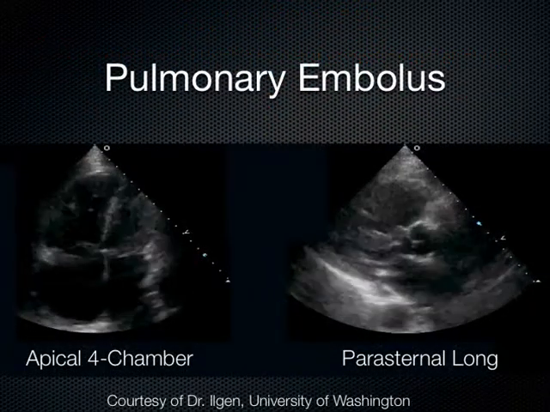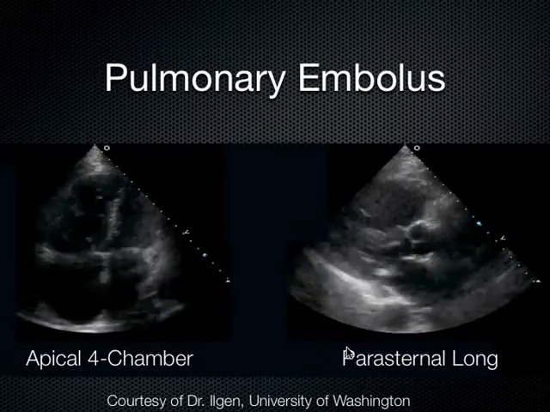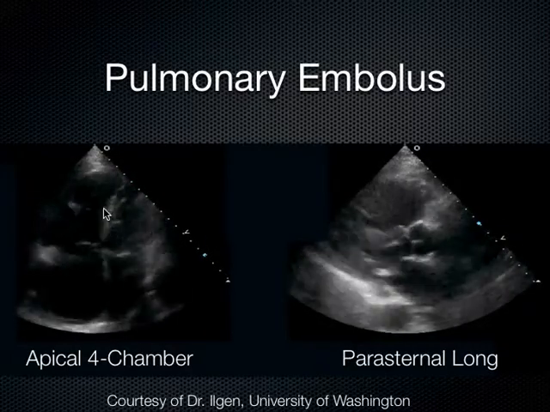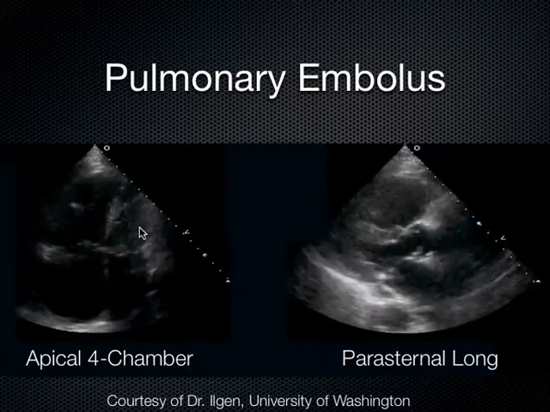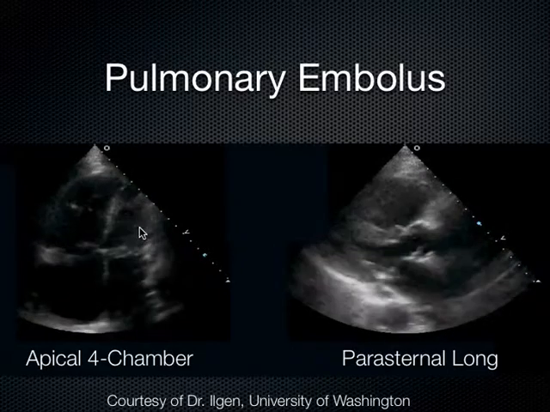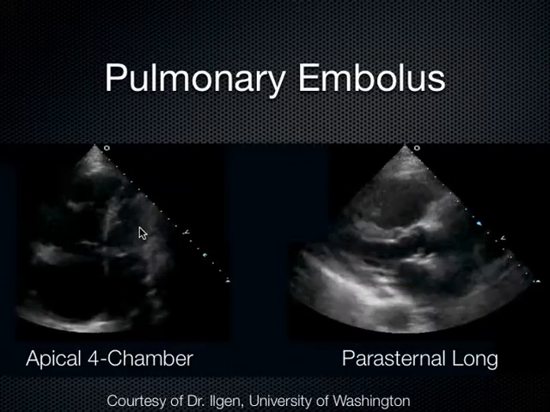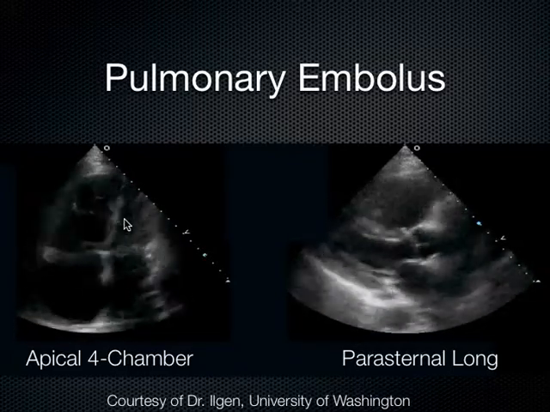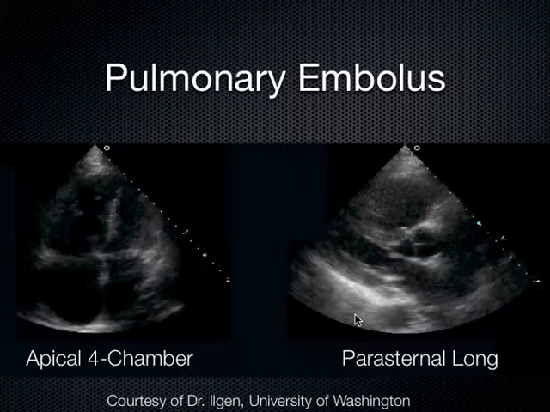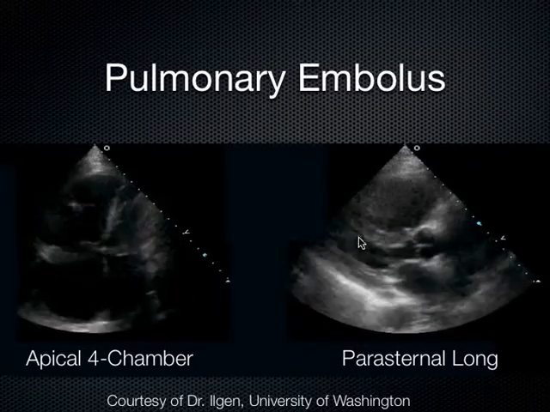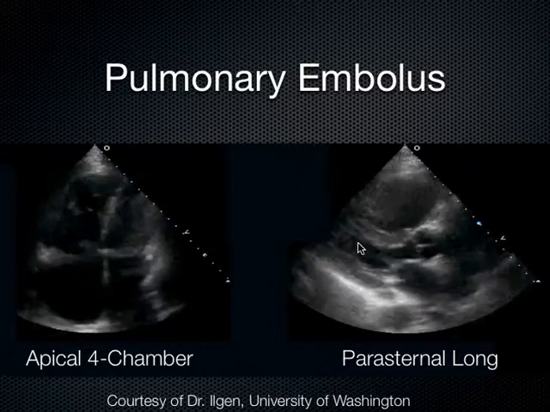And with pulmonary embolism, as I've been alluding to, we can see that the right ventricle is much larger than the left ventricle. At least it approximates the left ventricle. The problem is when the blood can no longer get through the vasculature bed of the lung and make it back to the left ventricle, the left ventricle gets pretty low in its volume status, and you can even get kissing walls here.